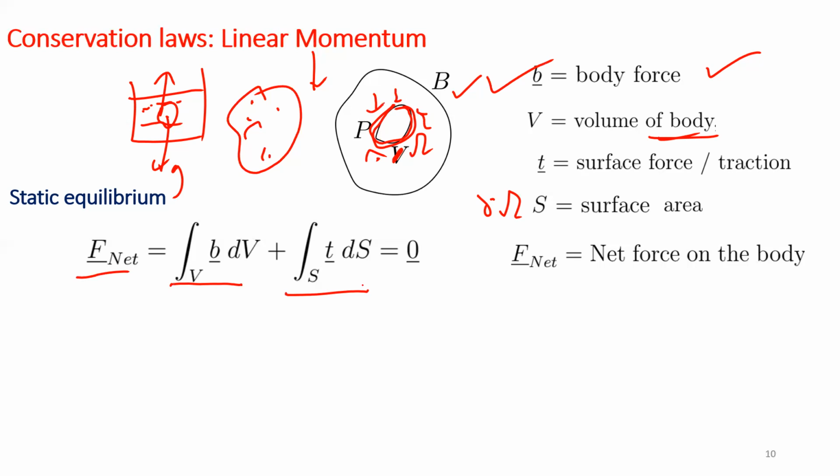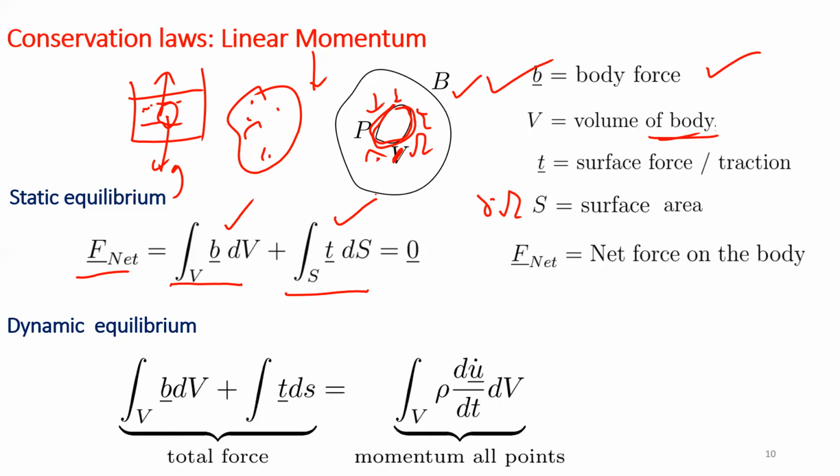At present, we are assuming that there are no internal forces, rather internal tractions. Internal tractions get nullified with one another. Okay, so in case of static equilibrium, all we say is that whatever forces are acting through the domain and on the periphery of the domain, which is called the boundary, is equal to 0, because there is no net momentum in case of static equilibrium.